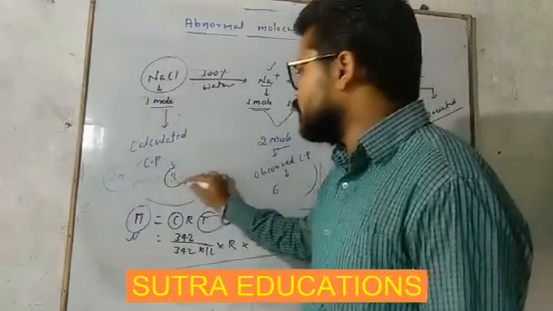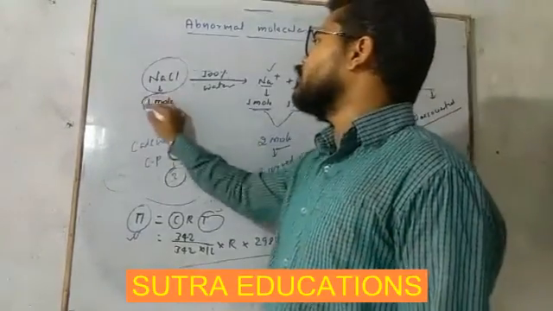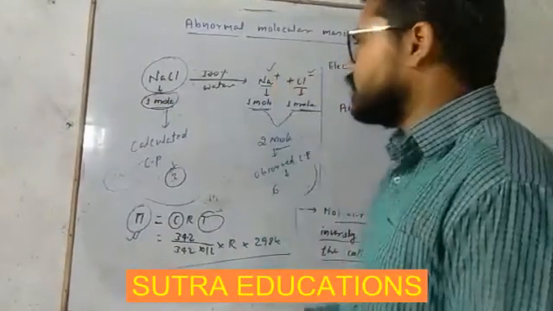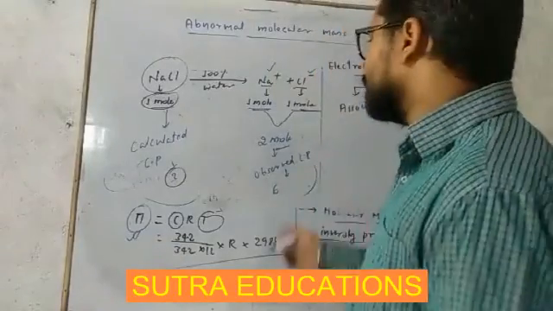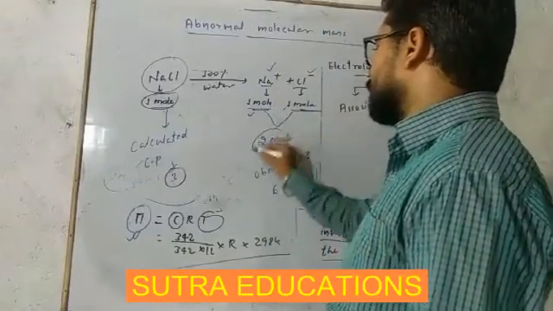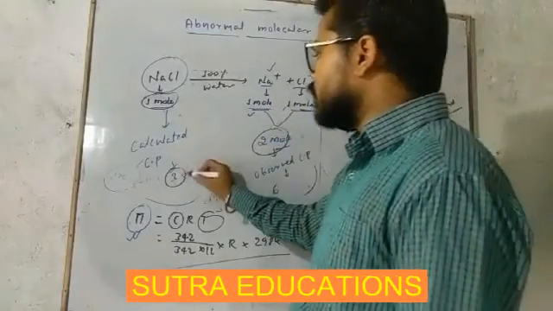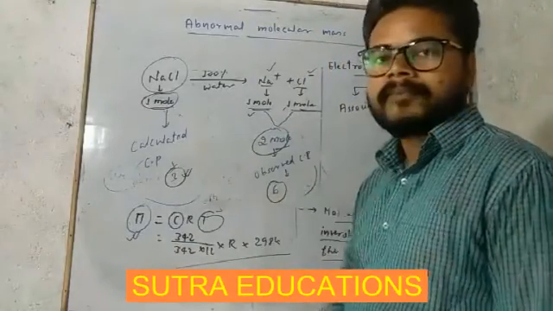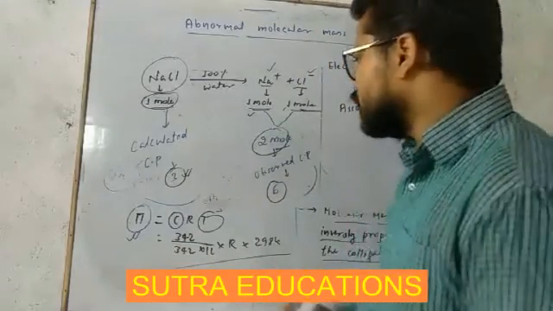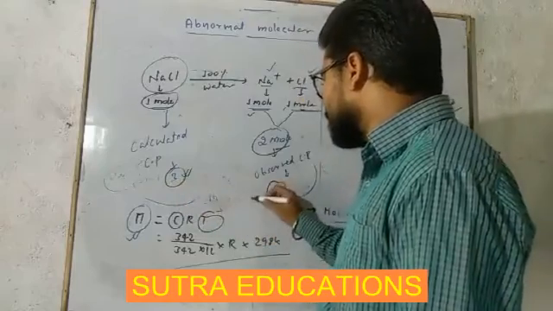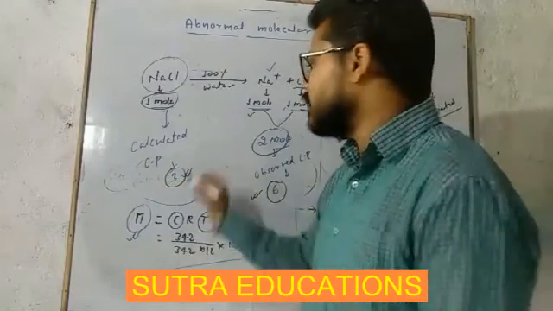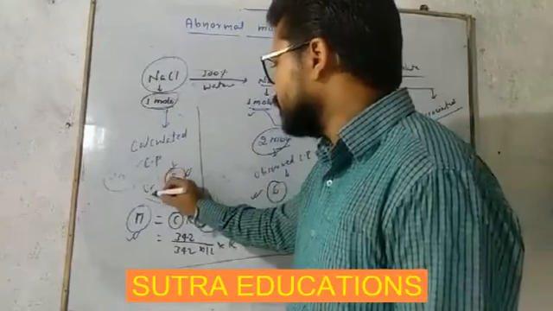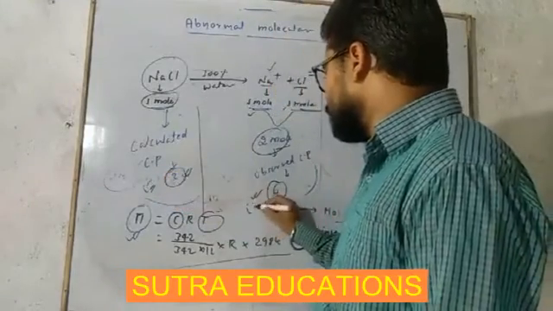The value came to 3 because only 1 mole of NaCl was considered. But as it got dissolved in water, it got dissociated into 2 moles. And if 1 mole gives value 3, then 2 moles will give value 6. Getting this or not? It means the colligative property is increasing after dissociation. Here i is equal to 3 and here i is equal to 6.